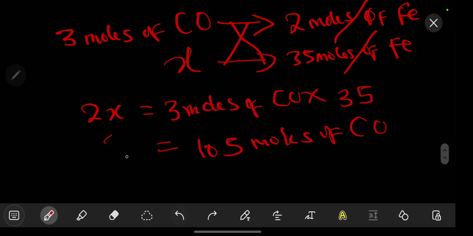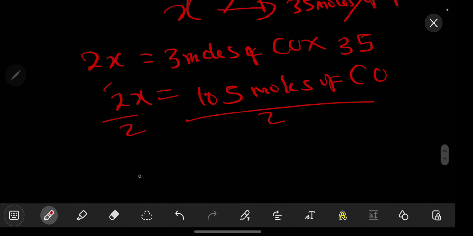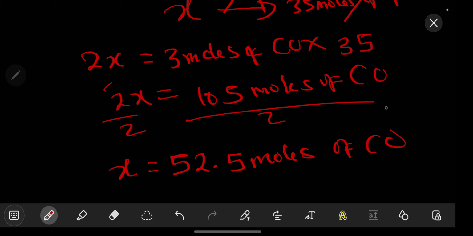We have 2x, we divide by 2, our x value should be equal to 105 divided by 2, which gives us a value of 52.5. So these are the moles of carbon monoxide. With that idea, you can answer any mole concept question like that. So it's very, very easy.